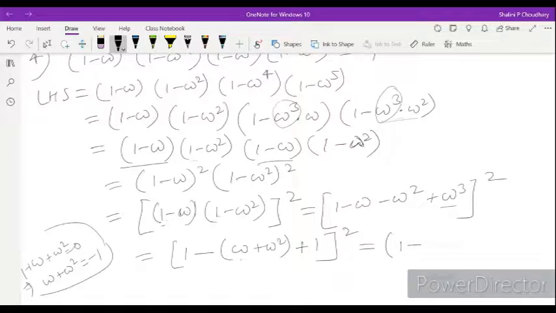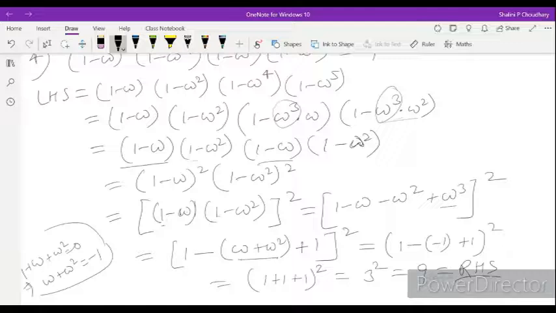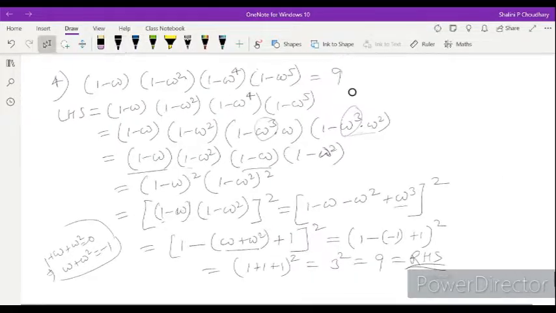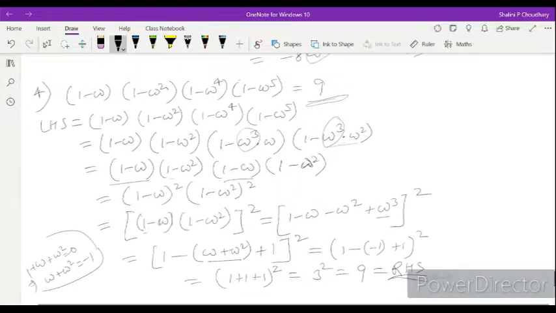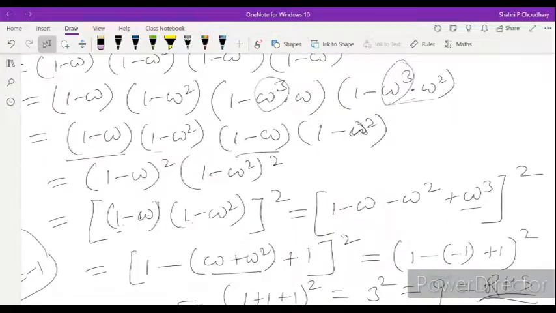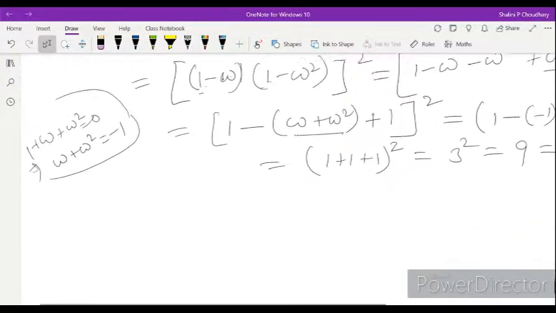So for this we'll write (1 plus 1 plus 1) whole square, that is 3 square, which is equal to 9, that is equal to RHS, hence proved. See, what we had to prove here was that it should be equal to 9.